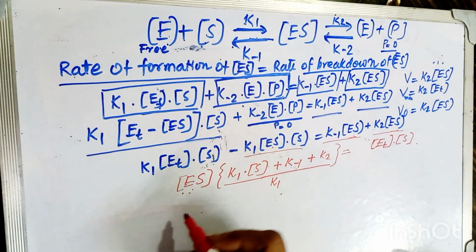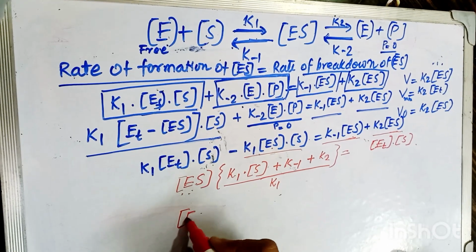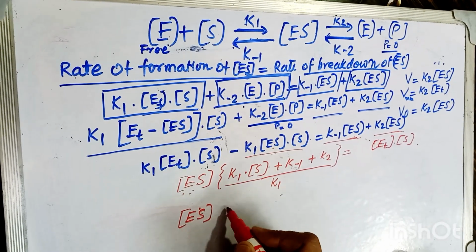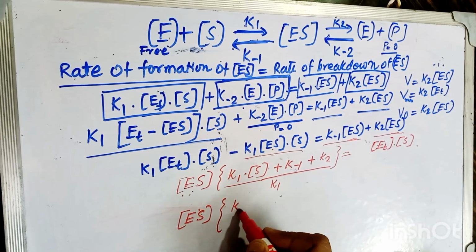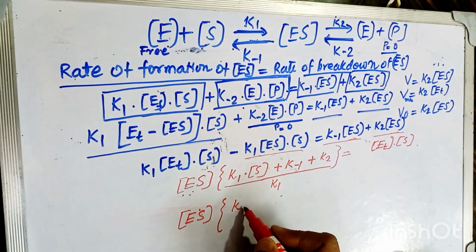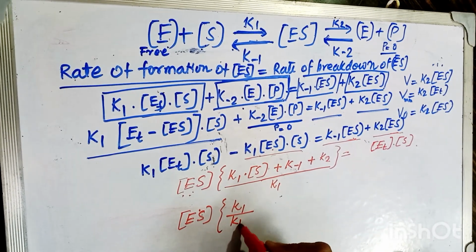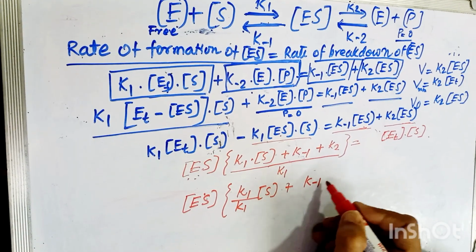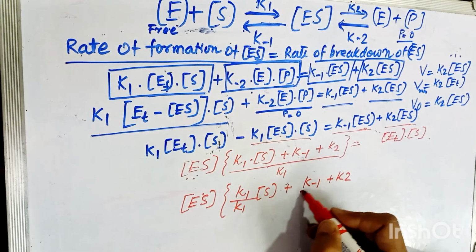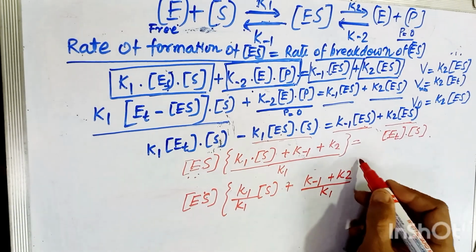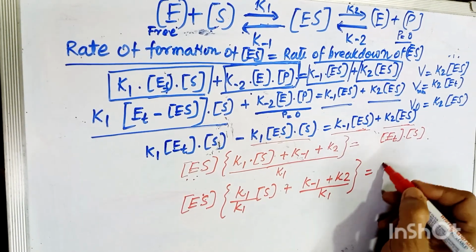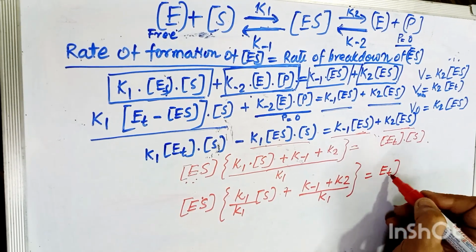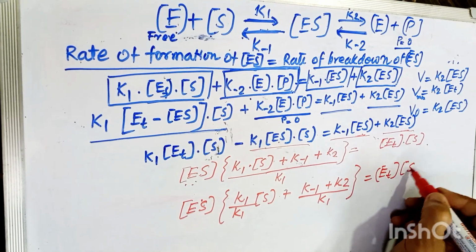So the equation changes like this: Es into S plus (K minus 1 plus K2) by K1 is equal to Et S.